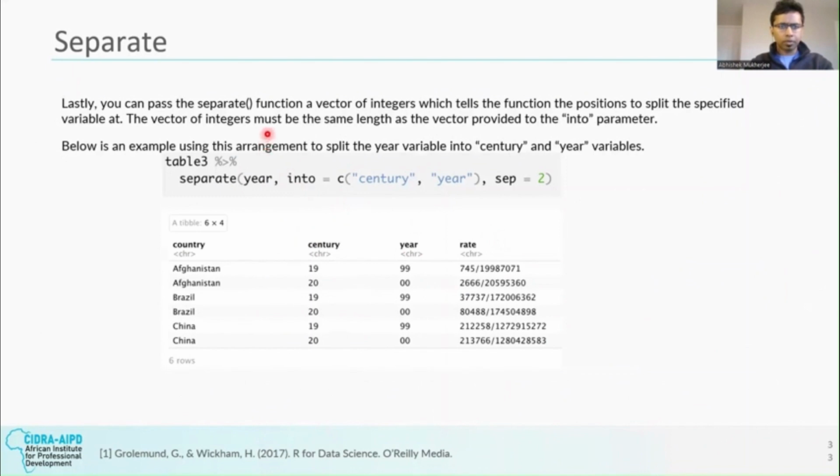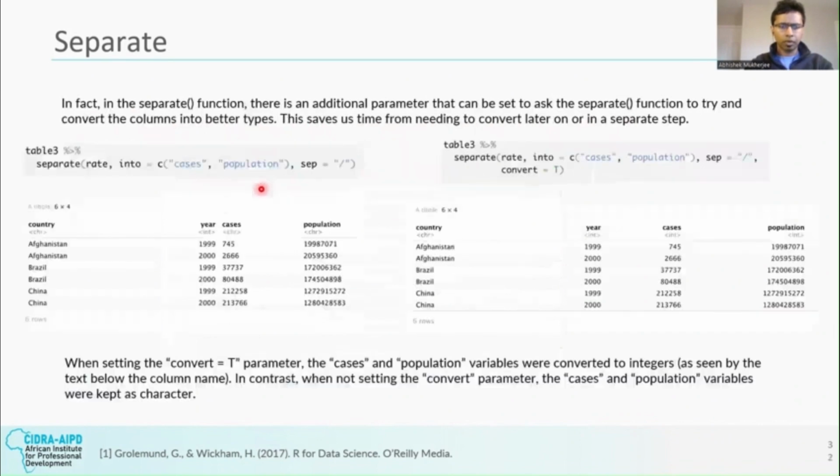Another usage of this separate function is where we can pass a vector of integers within the separate function, which tells the separate function the positions to split the specified variable at. And the vector of integers must be the same length as the vector provided to the into parameter. Now, this is very important to know. So here in this example, let's say we are splitting the year column in table 3.